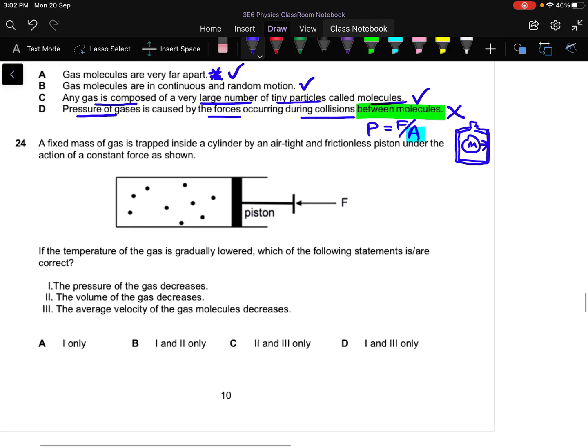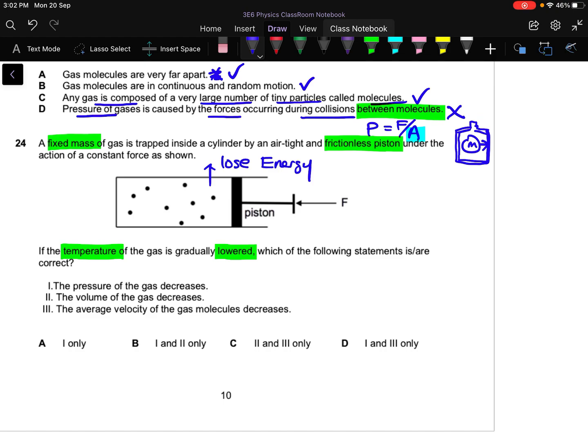Okay, for question 24, it is tricky in a sense that we have a fixed mass of gas. The piston is frictionless, so it can slide freely. Temperature is gradually lowered. So when temperature is lowered, that means I'm going to lose energy.